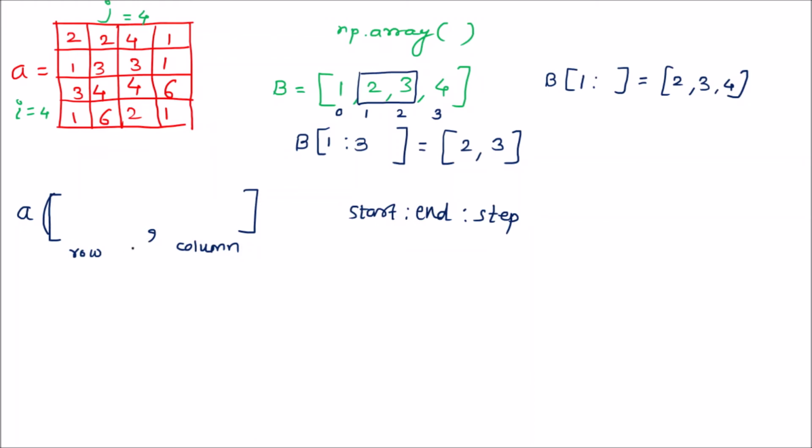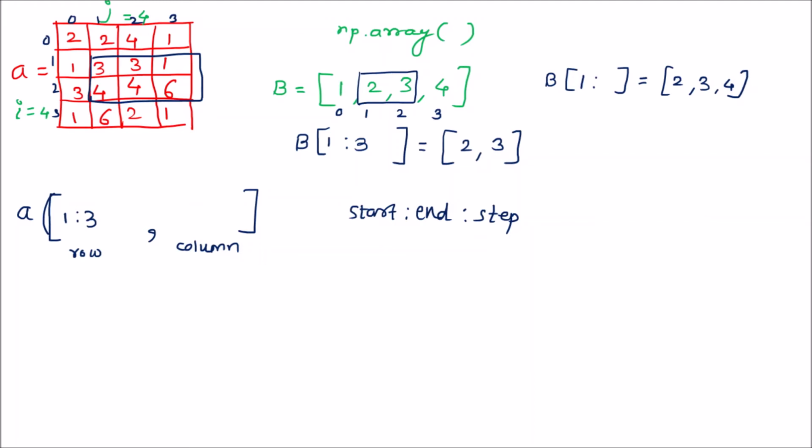Now in the case of A, if you want to slice this much, what is the starting index? This is 0 1 2 and 3, and this is 0 1 2 and 3. So the starting row index is 1, so 1 colon. What about the ending index? You have to cut up to 2, which means you must specify 3, and you need not specify the step. The default step is 1.